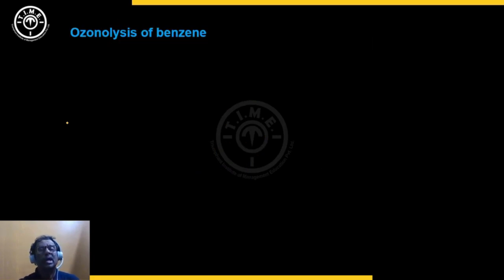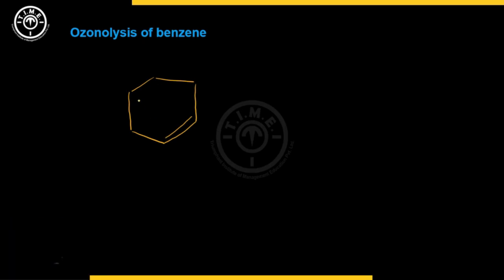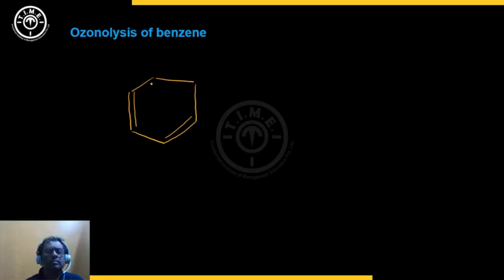Now, suppose you had taken a closed ring and it is an aromatic benzene. Benzene undergoes ozonolysis. So we'll put the structure of benzene. Show the double bonds there, and also put the hydrogens 1, 2, 3, 4, 5 and 6.